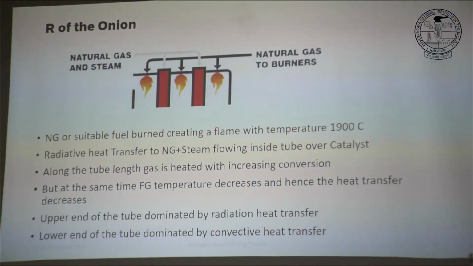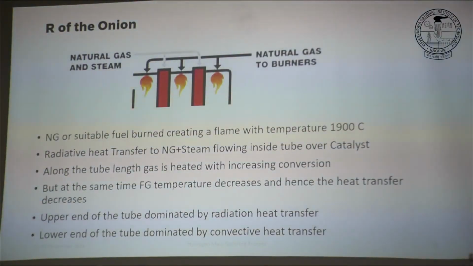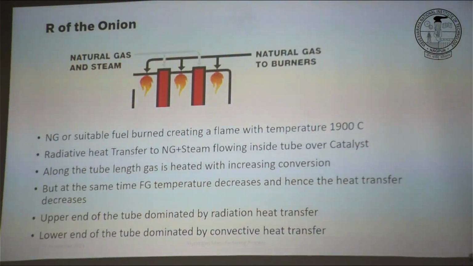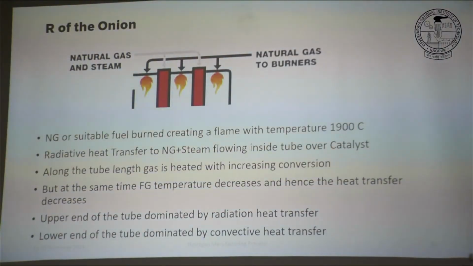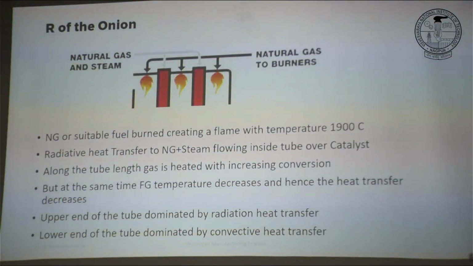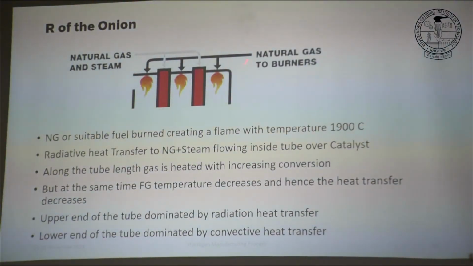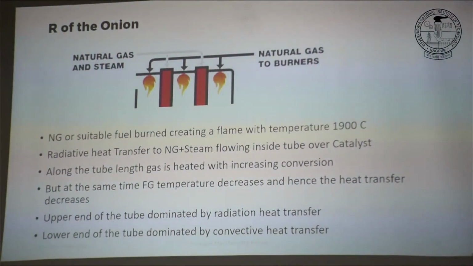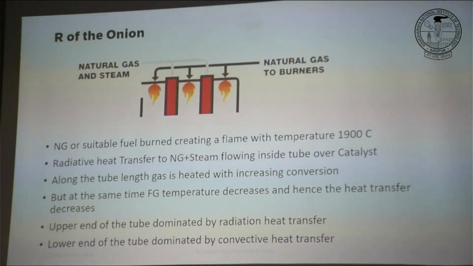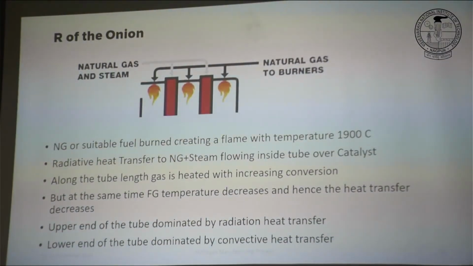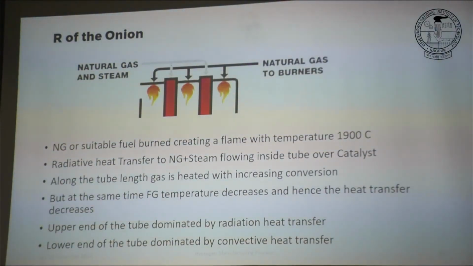That means, can somebody say what's the thermal efficiency? 1900 to 1000. So theoretically you can recover heat from 1900 degrees down to maybe 40 or 30 degrees, right? Because your combustion feed was at 30 degrees, and you are recovering heat only to 1000. So 1900 minus 1000 divided by 1900, somewhere around 50%, right?